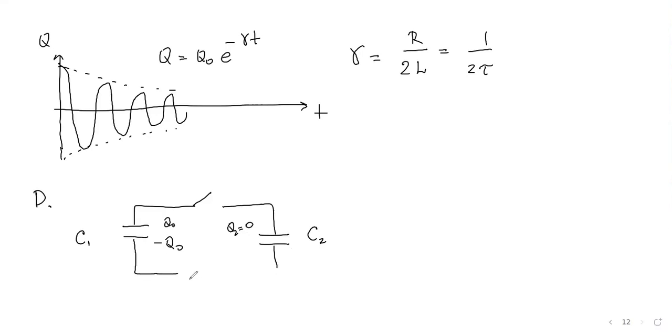And they are connected with an inductance. So the initial distribution at time equals 0 is that Q1 equals Q0, Q2 equals 0, and of course there is no current because the switch is open.